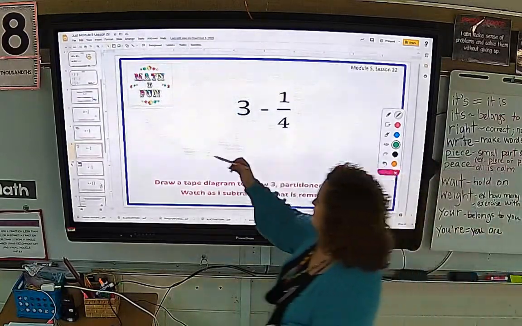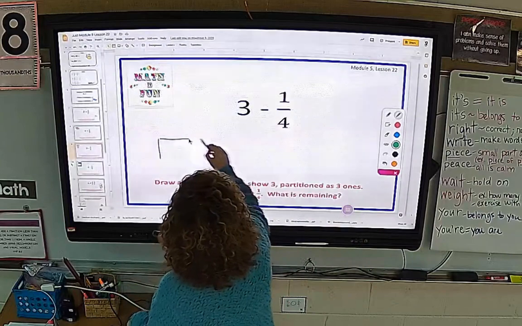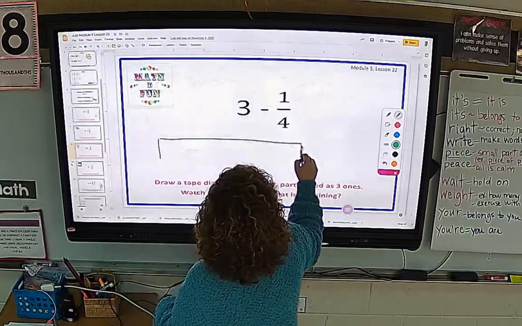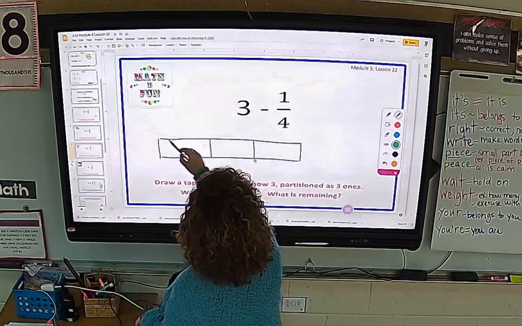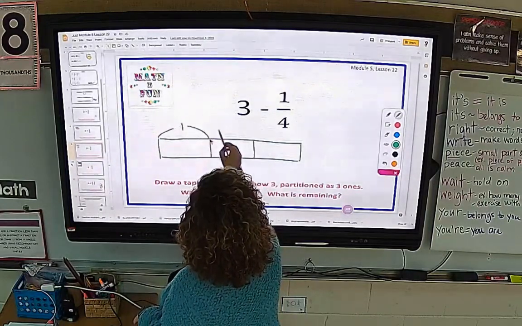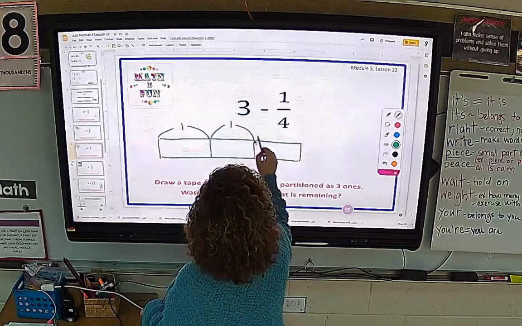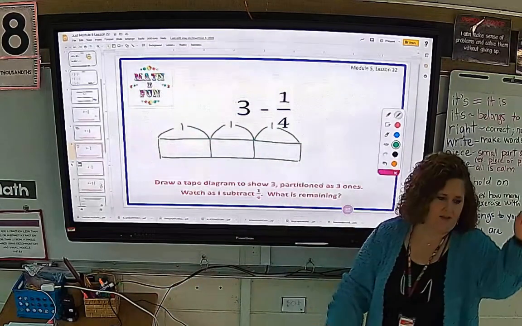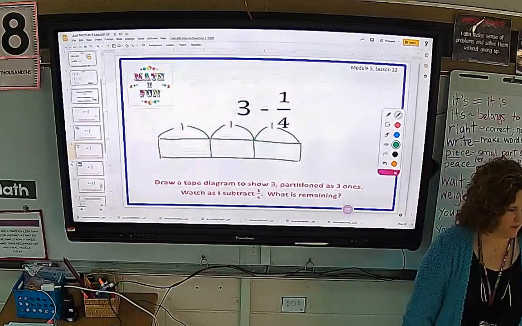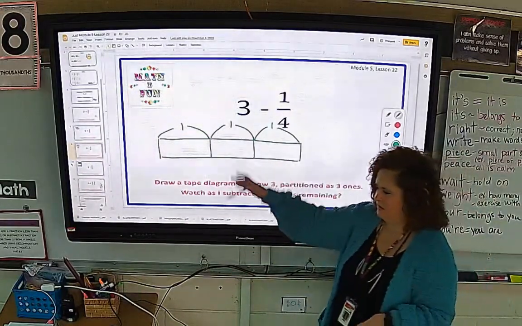So I'm going to show that. I'm going to cut this into 3 pieces, and each of them are going to be 1 hole. And I could make one big bracket across the whole thing and just say 3. That would be the quickest way to do it, but this works too.